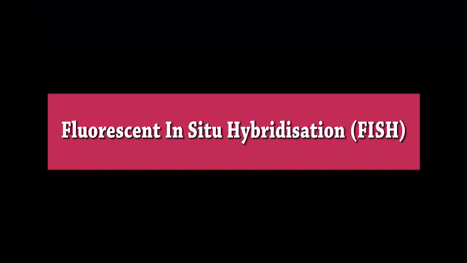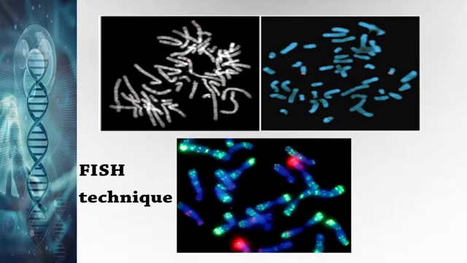3. Fluorescence in situ hybridization, also called FISH. In 1986, Pinkel and his colleagues developed the FISH technique. This permits detection of specific nucleotide sequences in morphologically preserved chromosomes, cells and tissues.